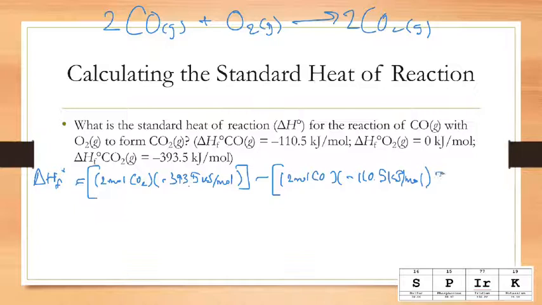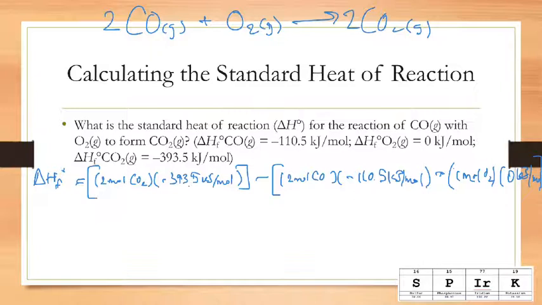We add that to our other reactant, which is, not water, I'm sorry, oxygen. We have 1 mole of O2 times its standard heat of formation, which is 0 kilojoules per mole. And then we can bracket that off. Sorry, that kind of got squished.